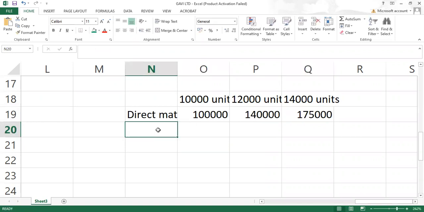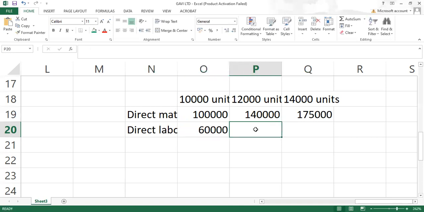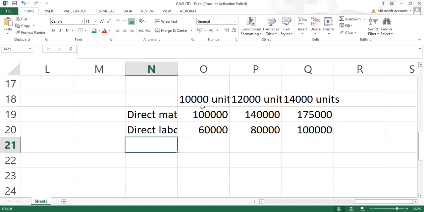Then they will give you direct labor with its own cost, maybe 60,000, 80,000, and also maybe 100,000. And it will give you all the listing like this. You can see that you are given different activity levels, isn't it? You don't know which of them you are going to use to find the actual cost.